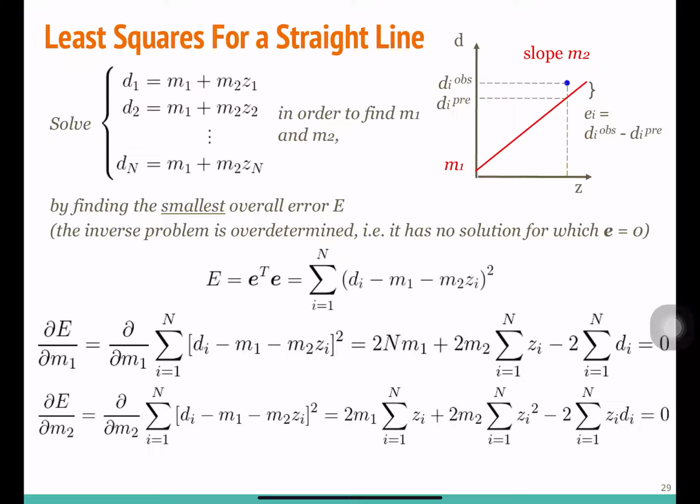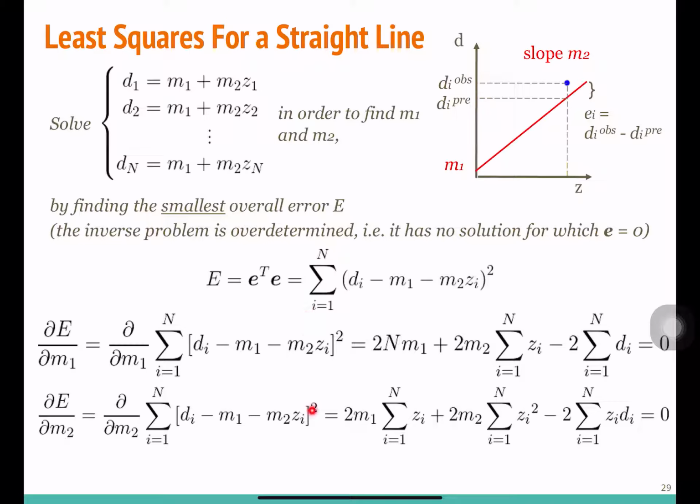So we need to find the smallest overall error, big E. This is an individual e. The big E is actually the length of the e, which is the square of the distance between the two values. We add them together.